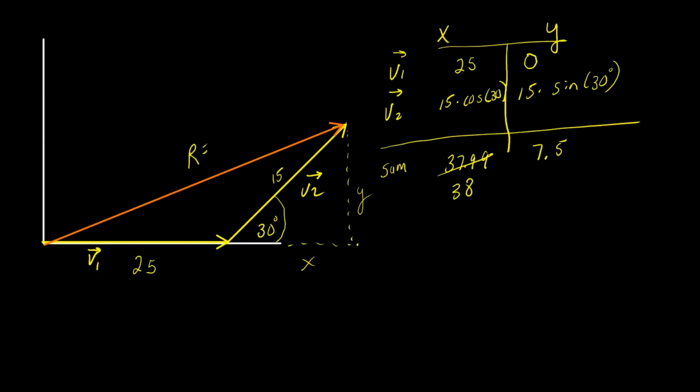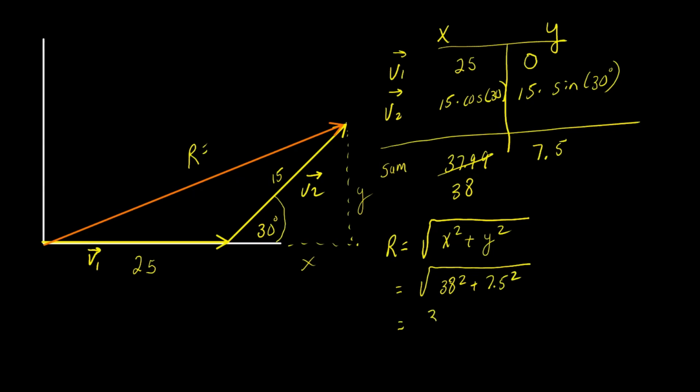All right, to find R, then I can use the Pythagorean theorem. So R is equal to the square root of the sum of all the X's squared plus the sum of all the Y's squared. So that's going to equal the square root of 38 squared plus 7.5 squared.